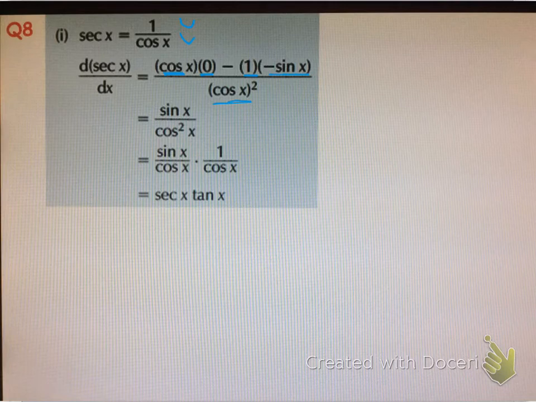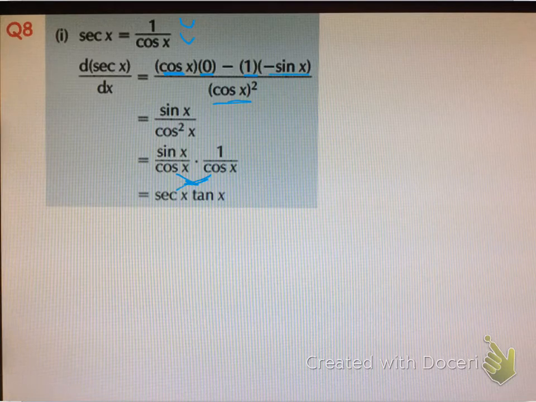Because you know that sine over cos x will give you a tan x. Okay, so if you can factor something out, do. So we now have sine x over cos x multiplied by 1 over cos x. Okay, sine x over cos x is your tan x, right? And 1 over cos x, we already know, is sec x. So that's why we have now written it as sec x tan x.